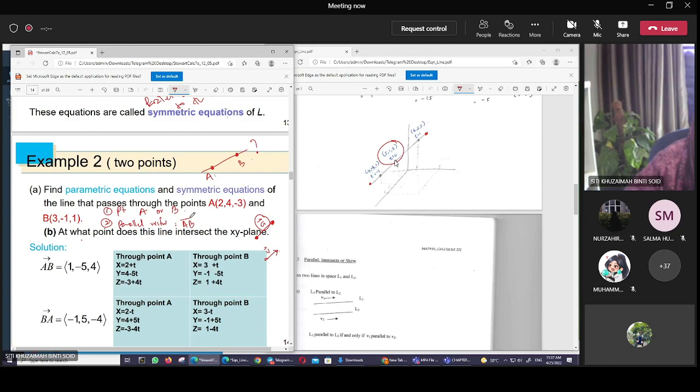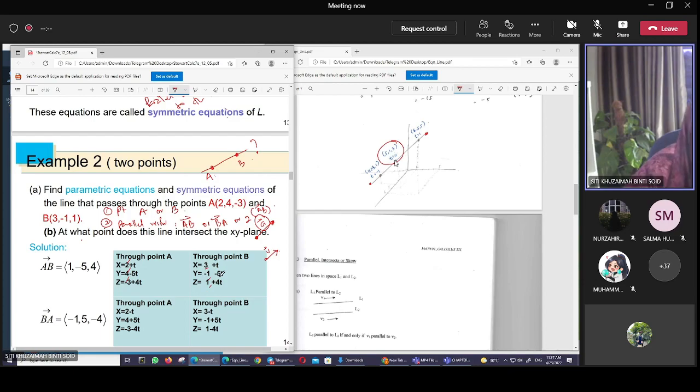AB or boleh je BA, boleh je. Or boleh je nak buat times 2 ke kan? AB, boleh je. Parallel vector kan? Pasal dia are parallel. Faham tak maksud saya ni? Okay, point kita boleh layan. Point tu boleh pakai point A, B, ni kan? Point A or point B.